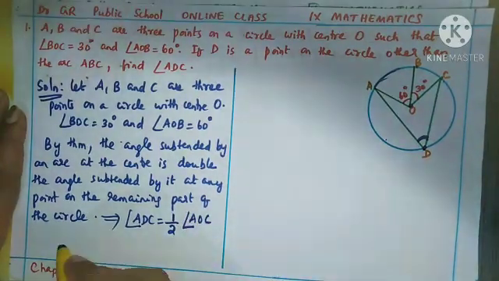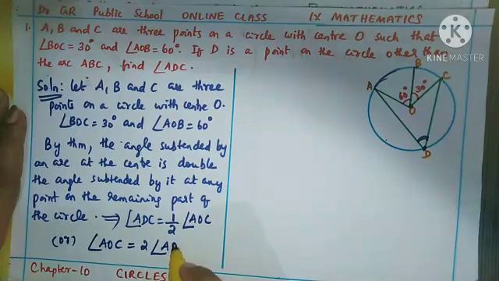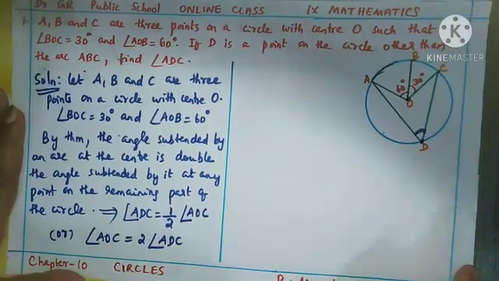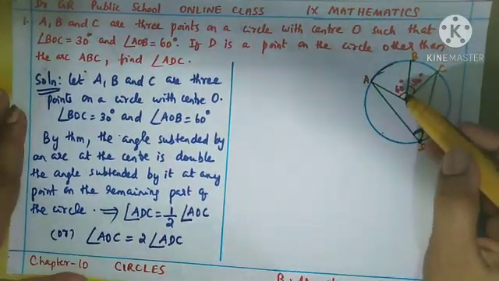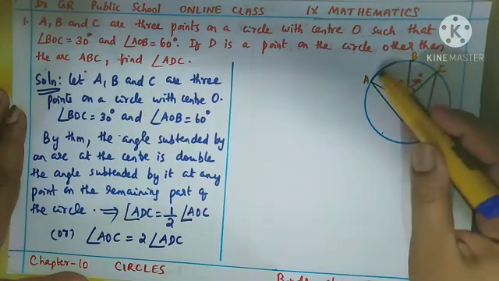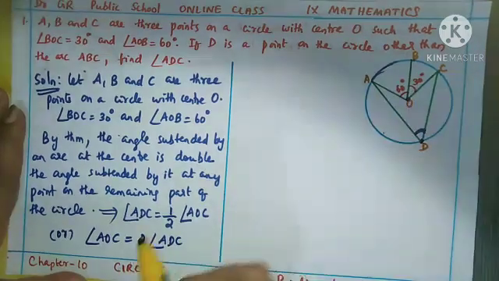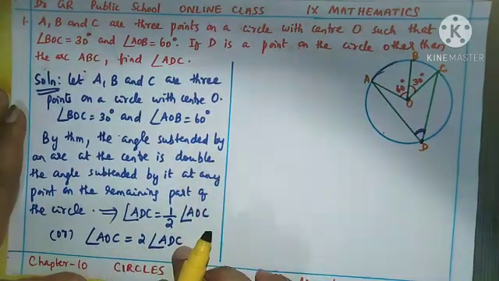Or otherwise, you can write angle AOC is equal to twice of angle ADC. Both are correct. So, the angle at the center is double the angle formed by the arc on the remaining part of the circle. So, this we are getting by this theorem.